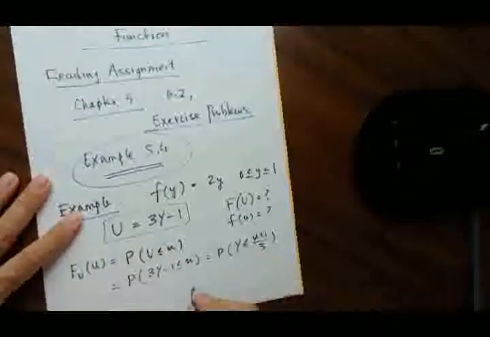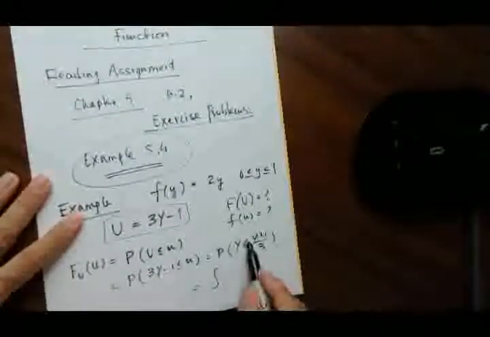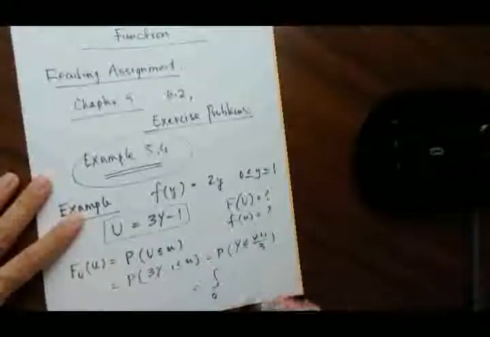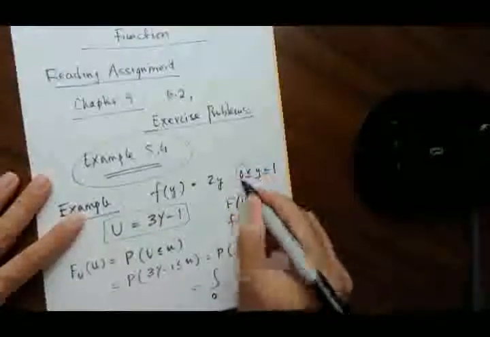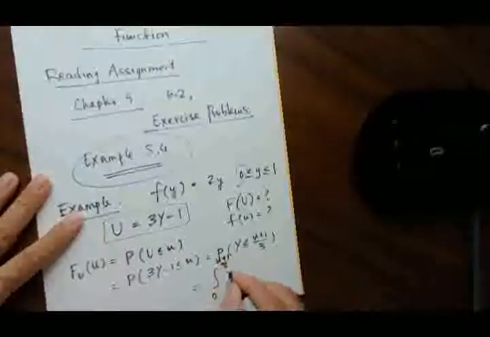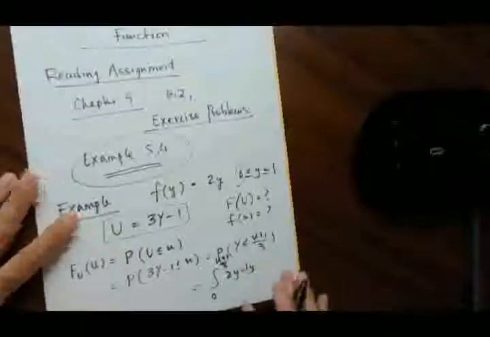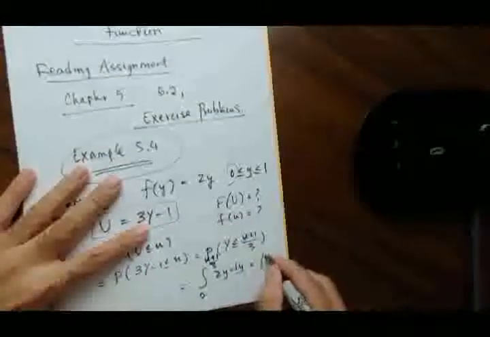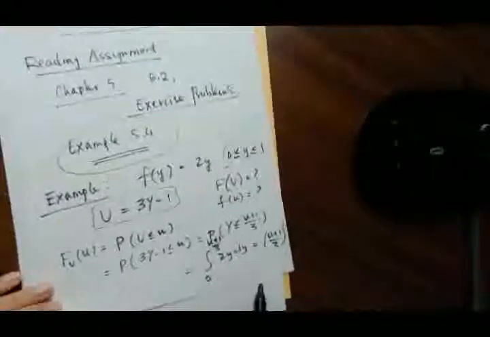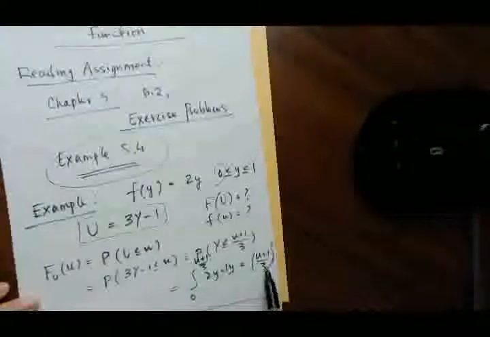So we are integrating on the variable y from 0, because the lower limit is 0, to (u plus 1) over 3, of 2y dy. If I do that correctly, that should be ((u plus 1) over 3) squared. So that would be the distribution function of U.